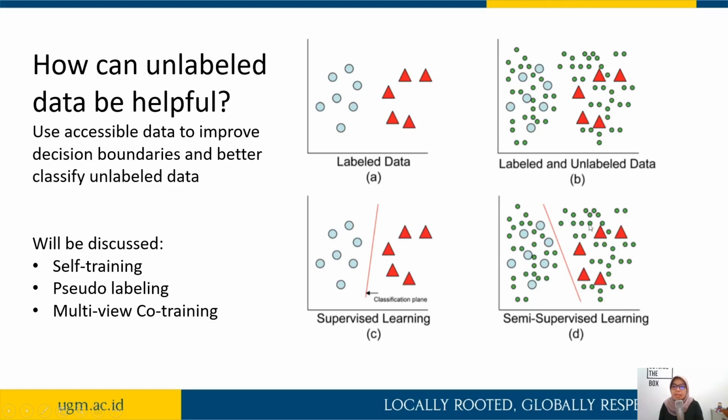But if we add the unlabeled data, in which case we are using semi-supervised learning, it can shift the decision boundary. So hopefully, using the unlabeled data, we can have a more accurate prediction when it is tested on the test data.